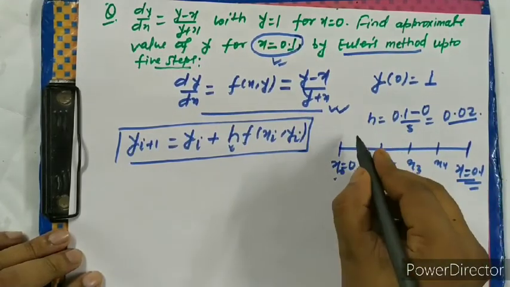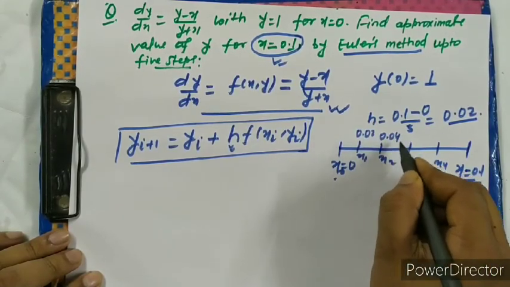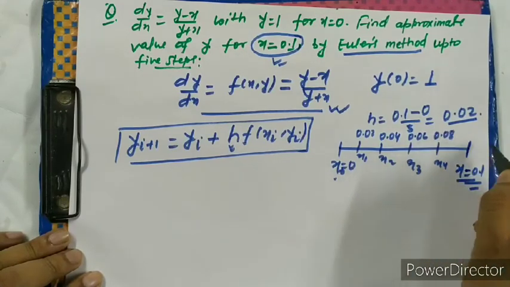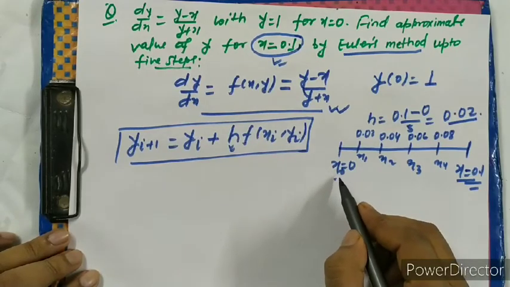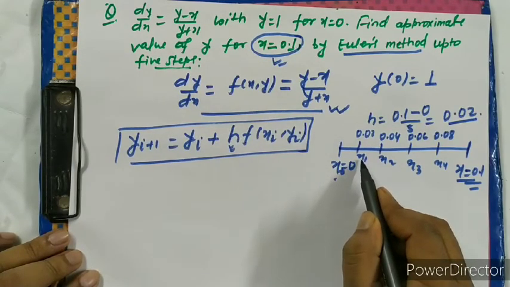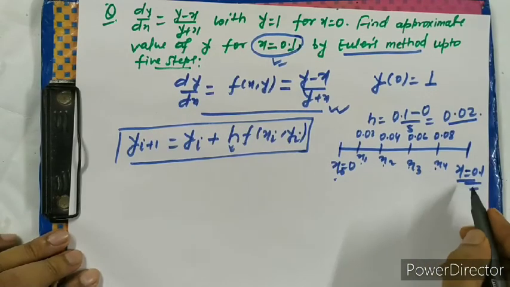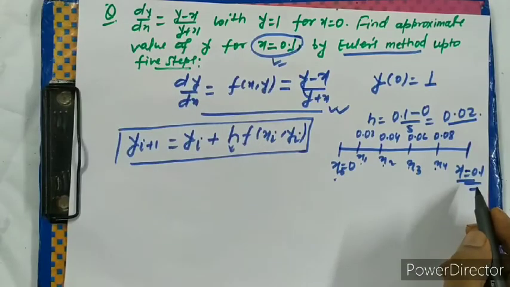So x1 is 0.02, 0.04, 0.06, 0.08, finally 0.1. So one by one we will find the value of y at x1, x2, x3, x4 and finally x5, जो कि दिया हुआ है, हमें फाइंड करना है x इक्वल टू 0.1.